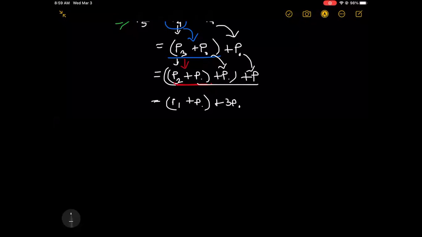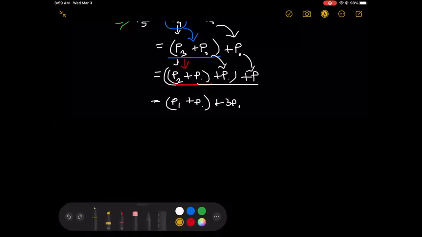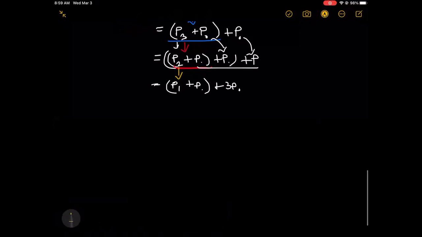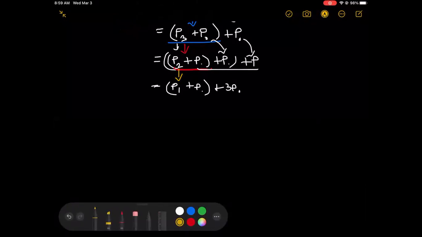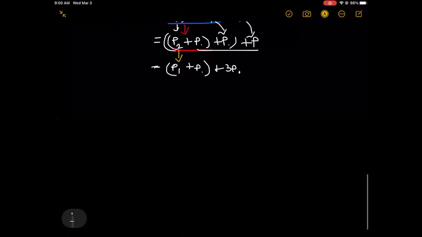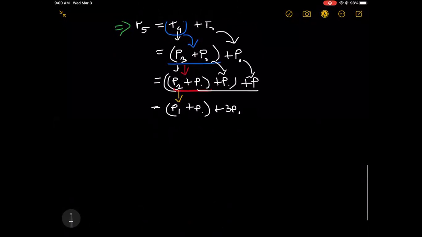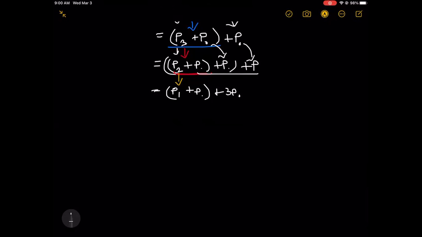So this will be for P1. So we will have P1 plus 4 P naught.